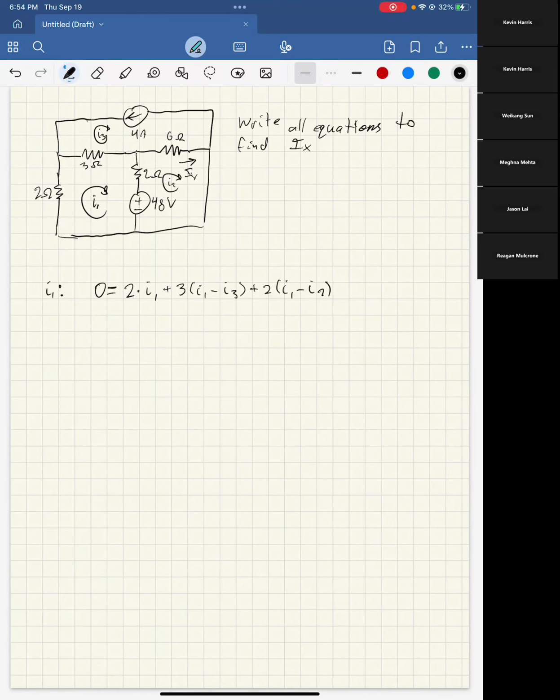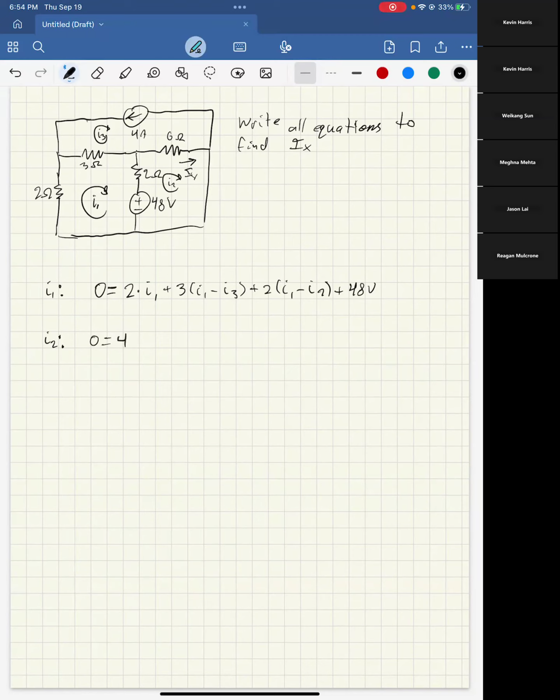And then this voltage source is going to be a plus because it's in the direction of current, the voltage drop, plus 48 volts, and that equals 0.